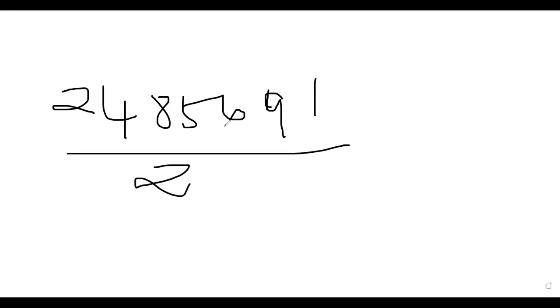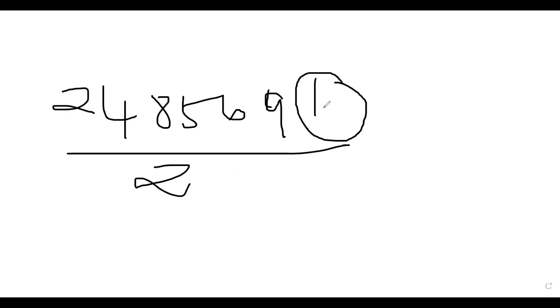It's very simple. We have to analyze the last digit. If the last digit is 0, 2, 4, 6, or 8, then we can say that it will be divisible by 2.